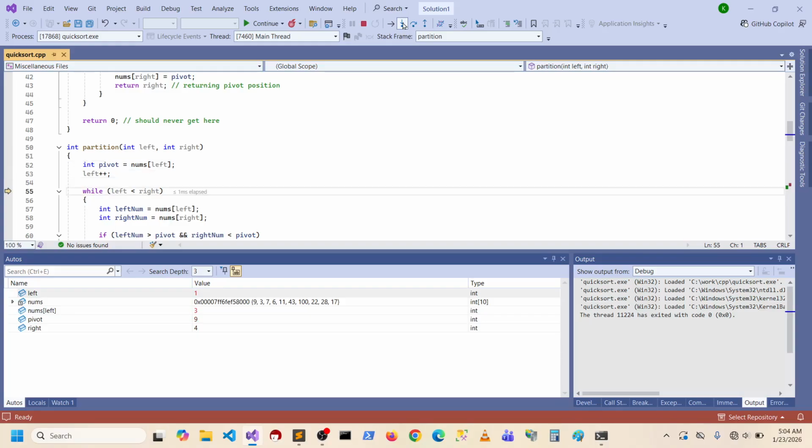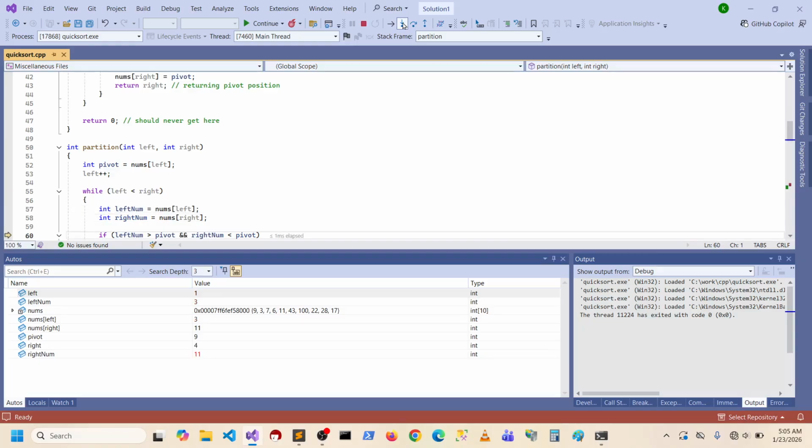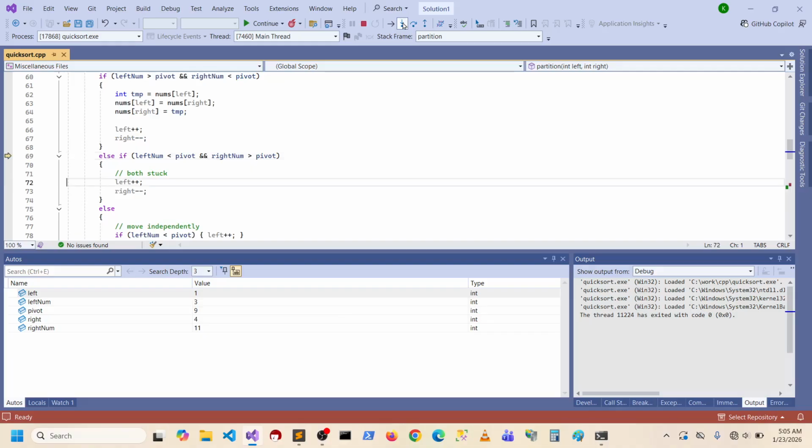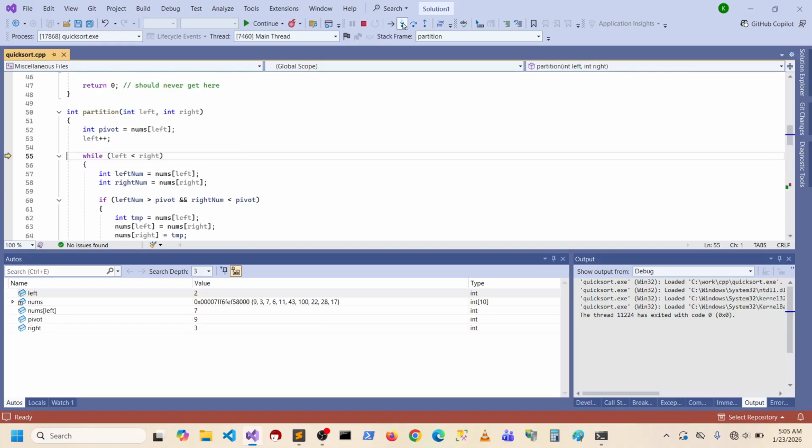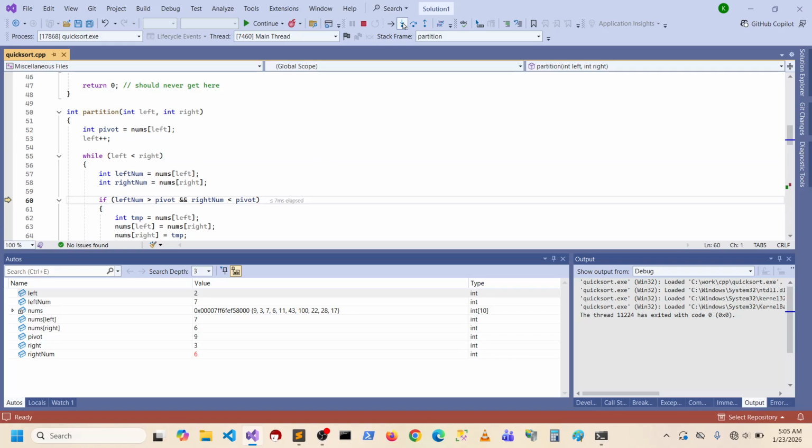Plus plus, and 1 and 3, yes. 11, pivot is 9, that should not do anything. So 7, right number 6, so the right should stay on the 6.